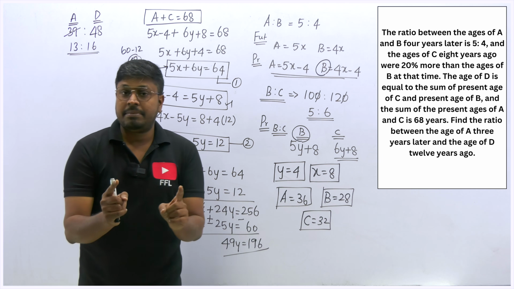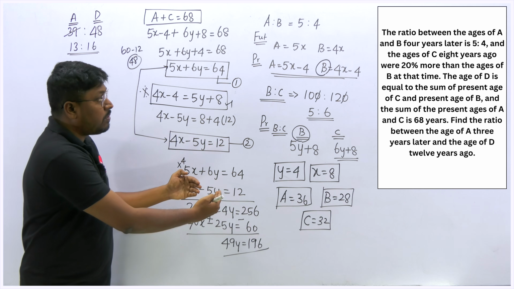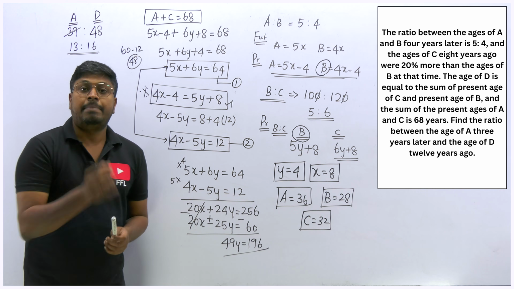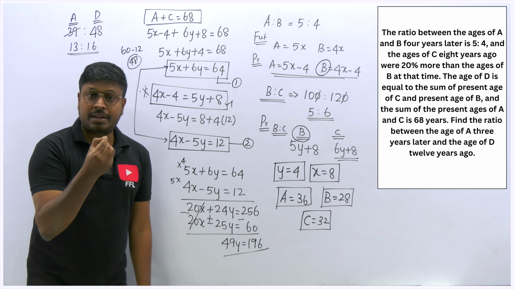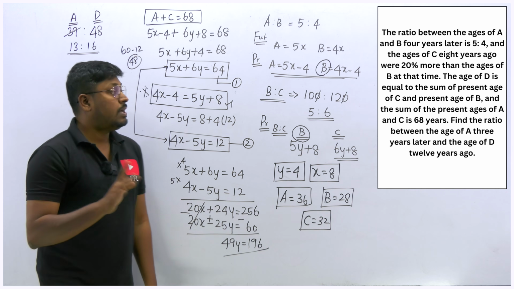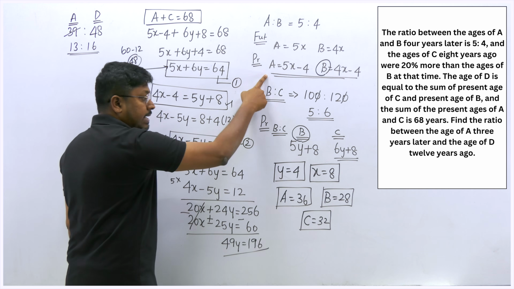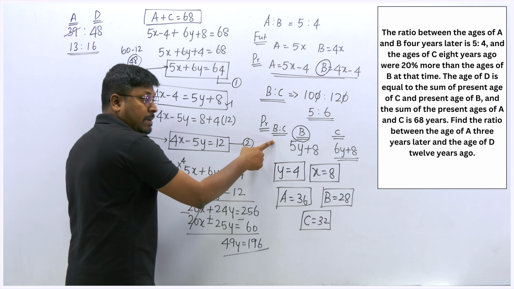So friends, always remember that the level of the question will definitely be more than this in your competitive exams in recent times, but you have to know some of the important logics to solve the question. So this value, what we did, they have given in the question, we framed a percentage. The second data, we framed the present age.